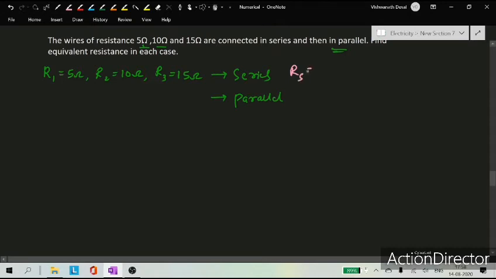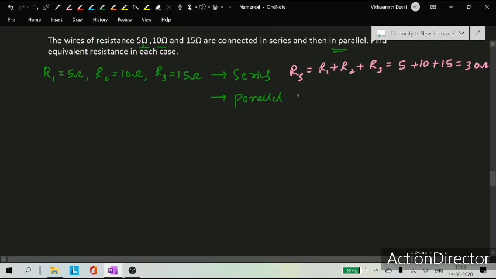If the resistors are in series, you use R1 plus R2 plus R3. So add all the values and write the answer. If you substitute all the values, 5 plus 10 plus 15, the answer you are going to get is 30 ohm.